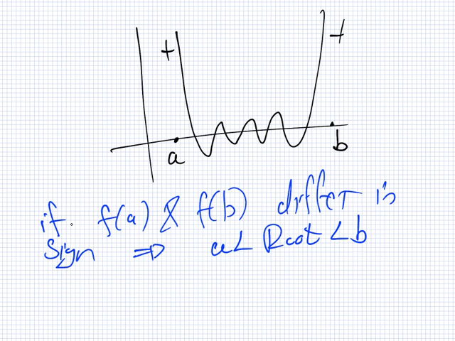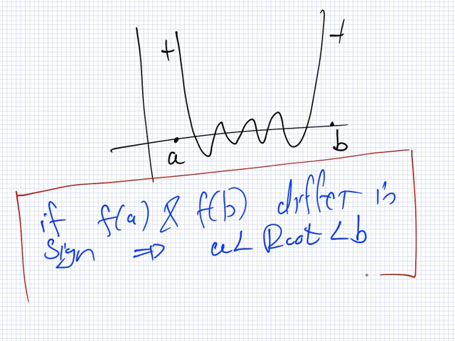It's not right to say that if there's no difference in the sign, then there's no root between A and B. It's only true to say that if there is a difference in the sign, then there's definitely a root. But if there's no difference, we don't know. So this is very simple, but a very useful way to check if there's a root.